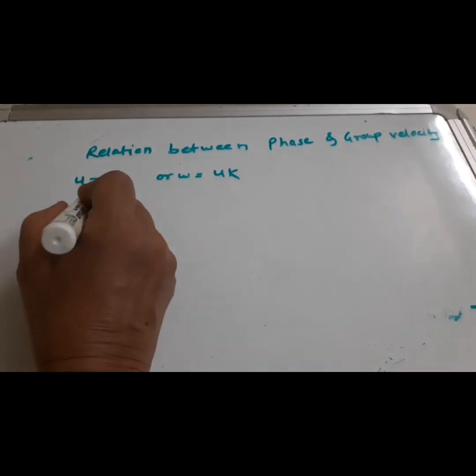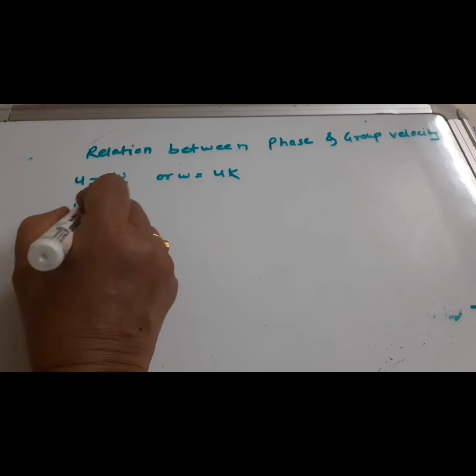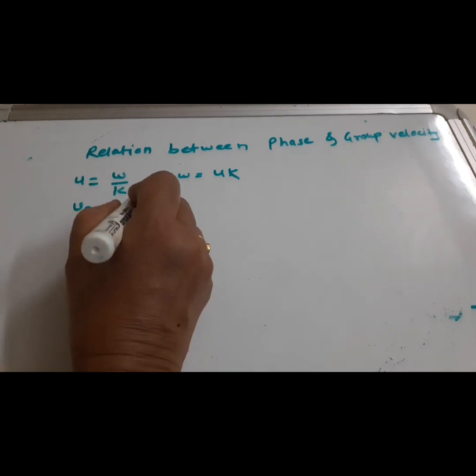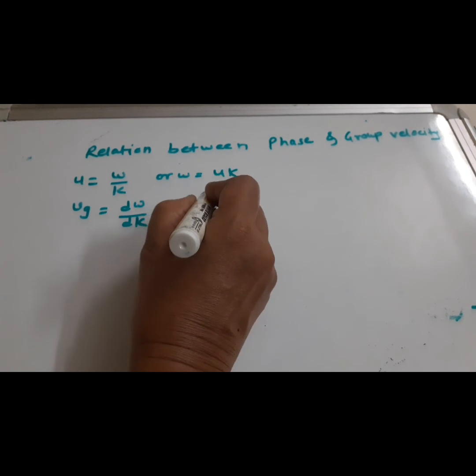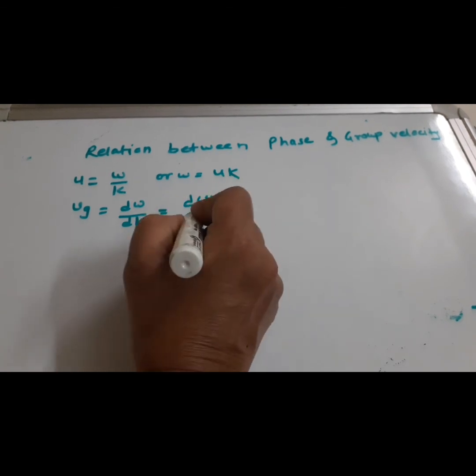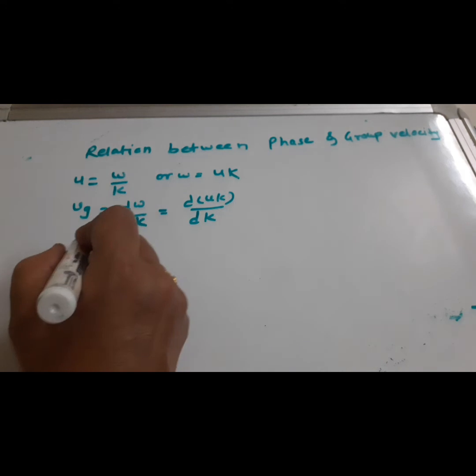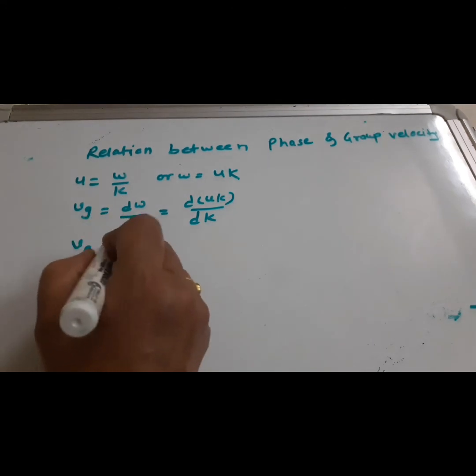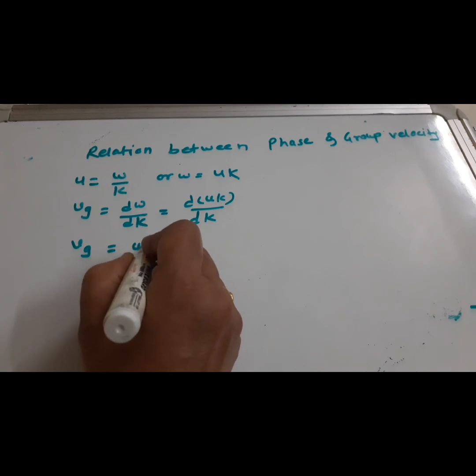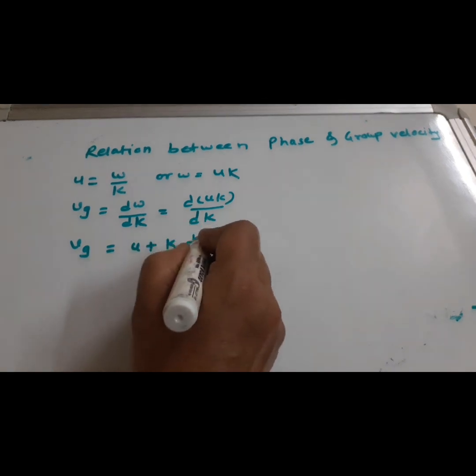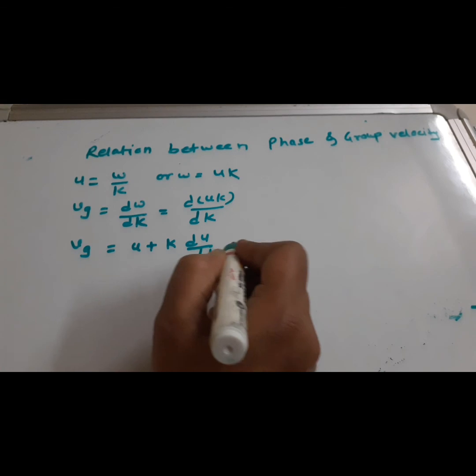And group velocity Vg is equal to d omega by dk, where omega is equal to uk, so Vg is equal to d of (uk) divided by dk. After rearranging, Vg is equal to u plus k du by dk.